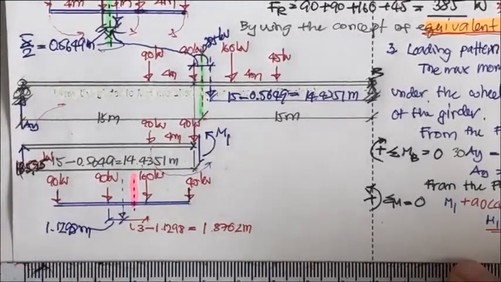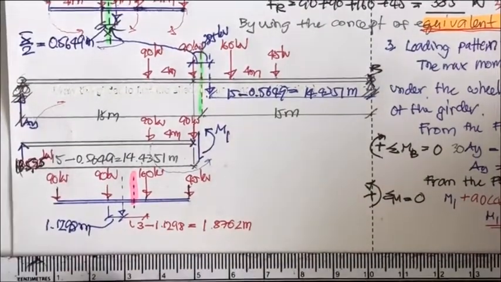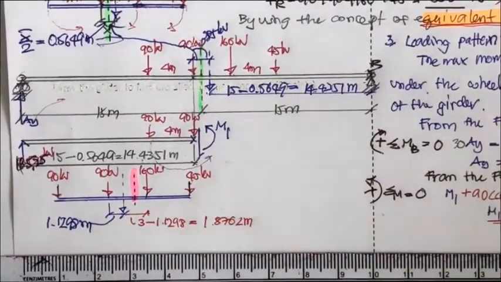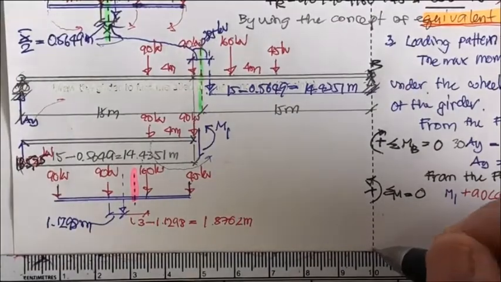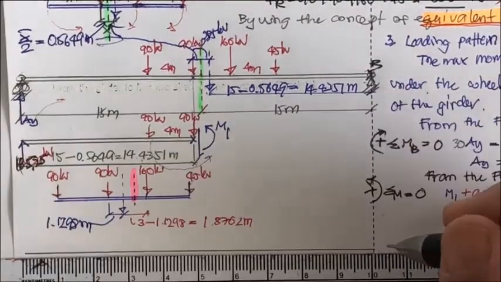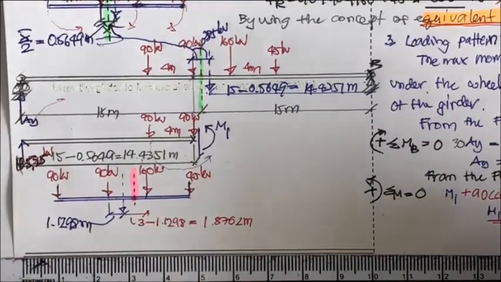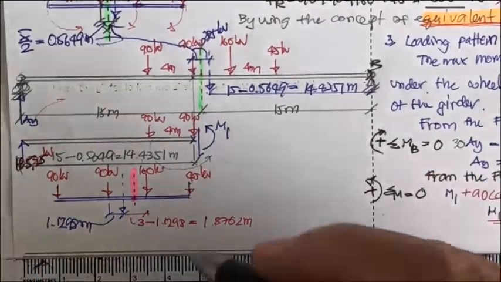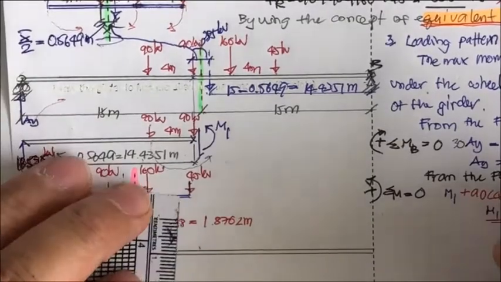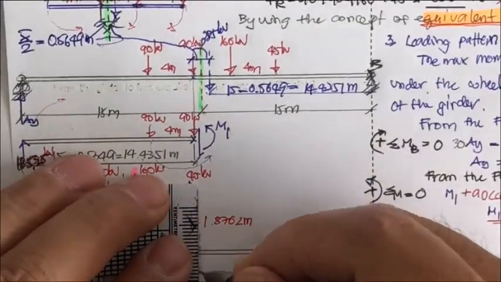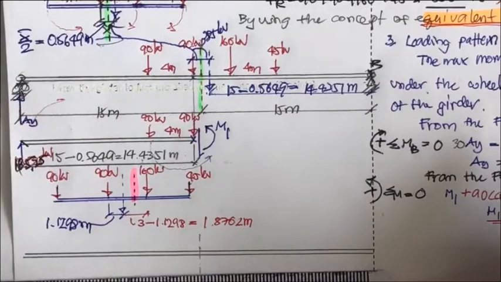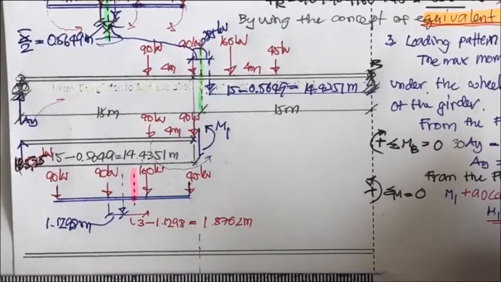We will put this into the beam. We draw the beam here now. This is going to be a 30 meter beam again, and we're going to divide this one by half. 1, 2, 3, 4, and 5. This is going to be half of the beam, and this is going to be 15 meter and 15 meter.